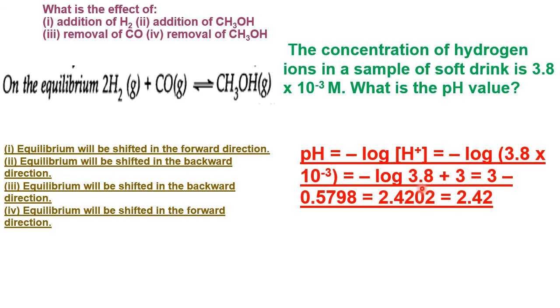And log 3.8, that is 0.5798. Okay. So if you substitute 3 minus this value, log 3.8, you will get 2.4202, that is approximately 2.42 is the pH value for this soft drink, highly acidic.